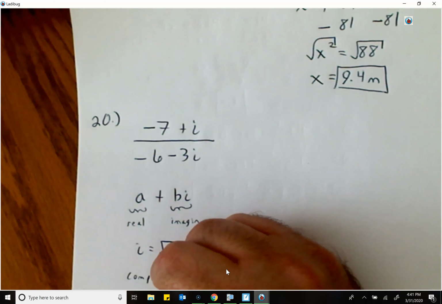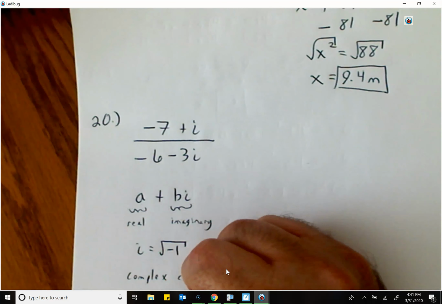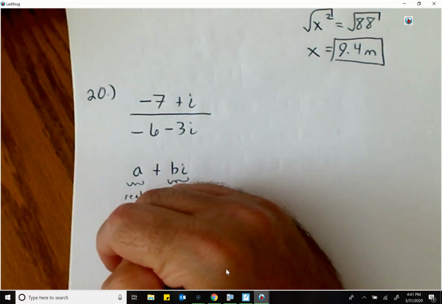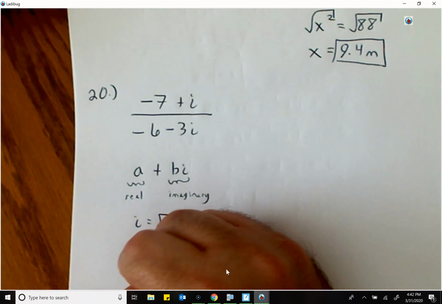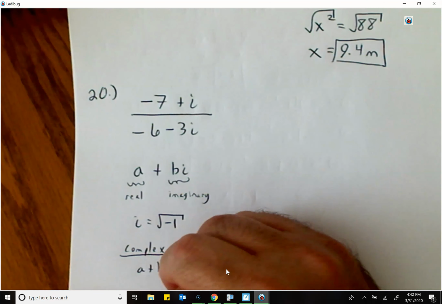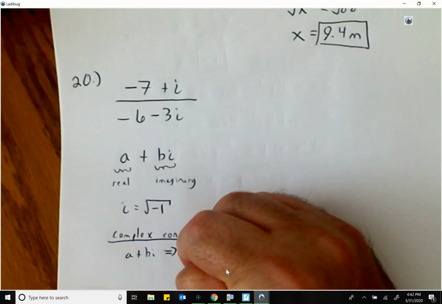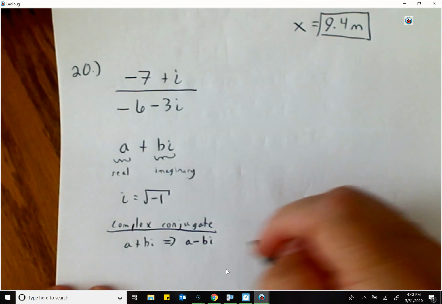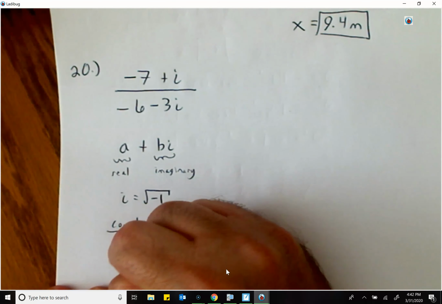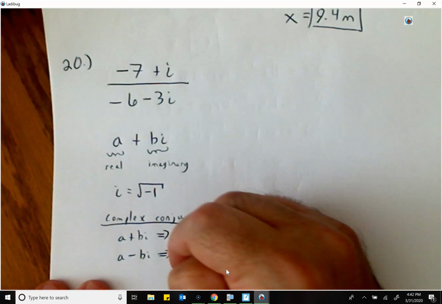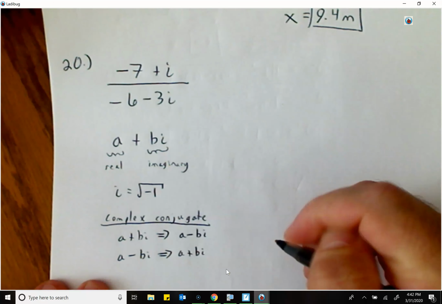And for the complex conjugates, if you have a plus bi, the conjugate would be a minus bi. If you have a minus bi, the conjugate would be a plus bi.